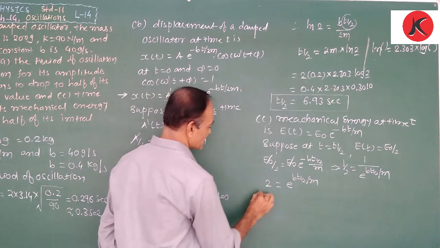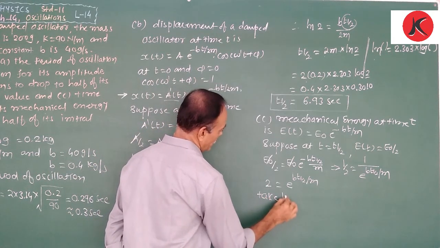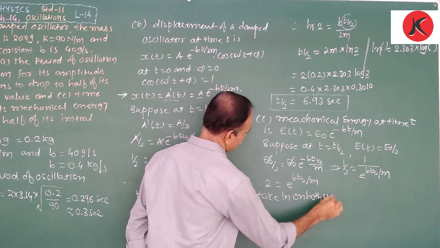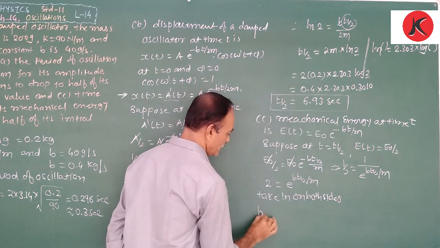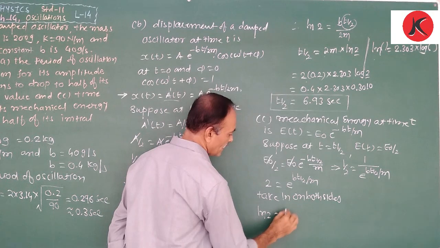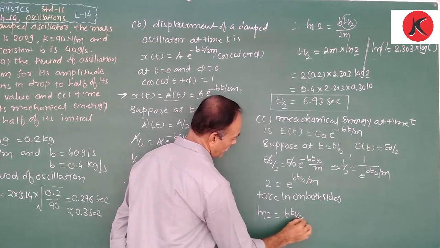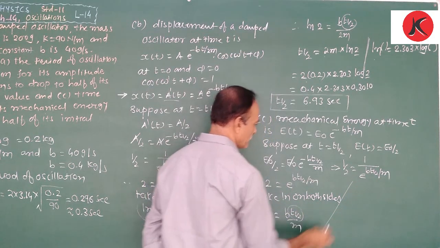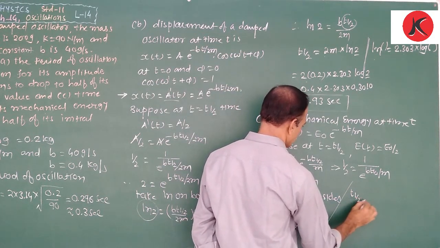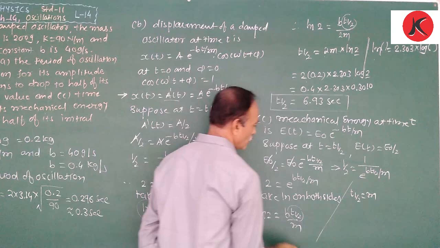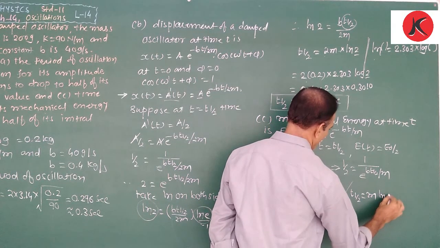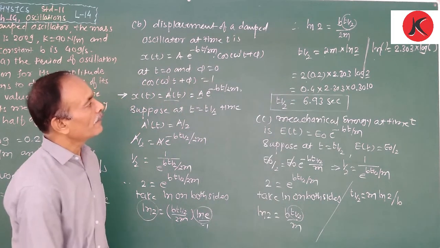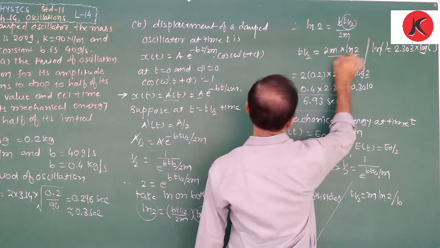Take ln on both sides. So we obtain ln 2 is equal to b tau half upon m. We are interested to find out the tau half. Therefore, tau half is equal to m into ln 2 upon b.